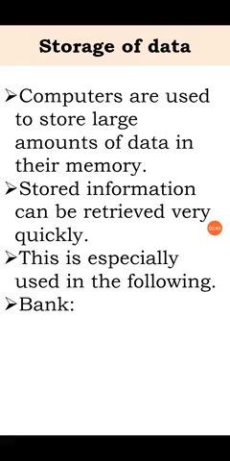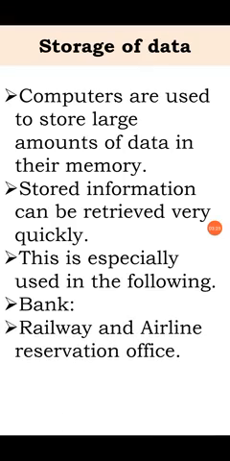In banks there are only calculations, that means calculating the amount of money in the accounts of all the bank customers. Banks have various customers, and for every customer, the amount has to be calculated, and the various kinds of interest can be calculated in the computer. So banks use computers.